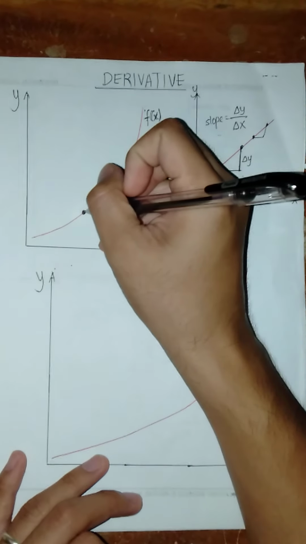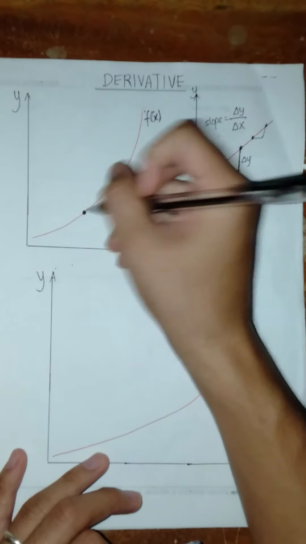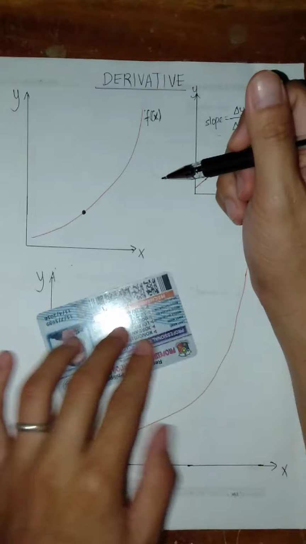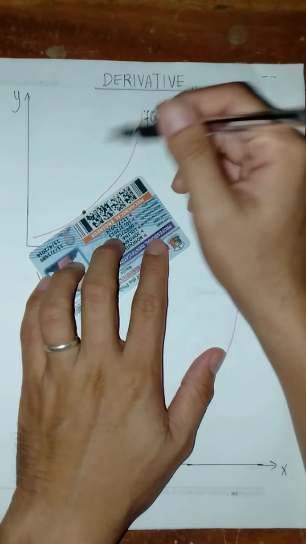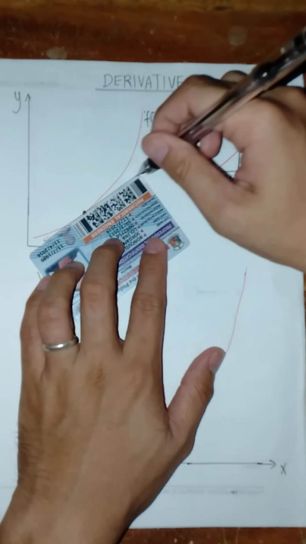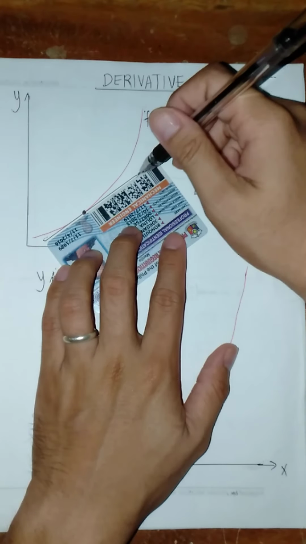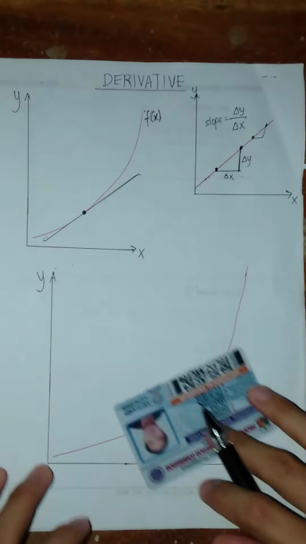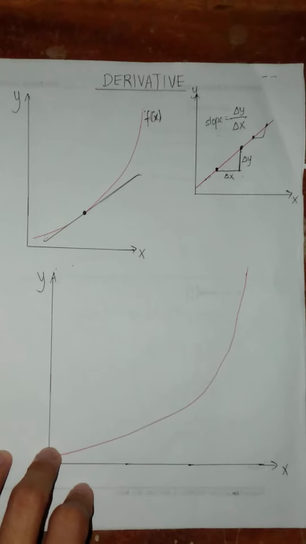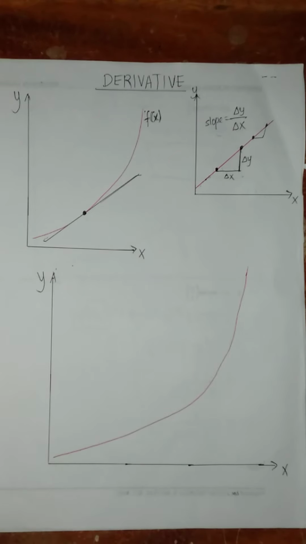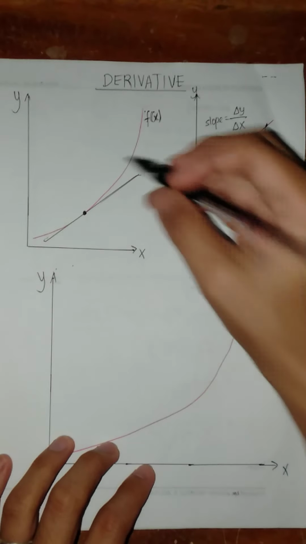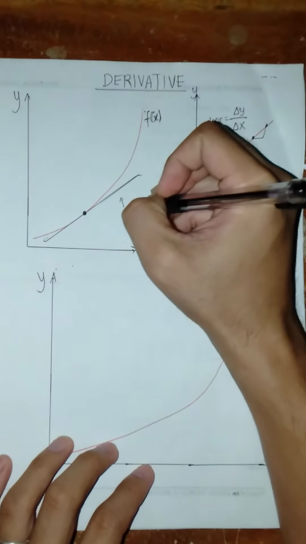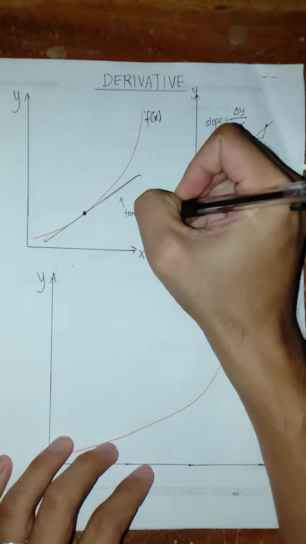Sabi niya, I can find the slope at this specific point if I can pass a tangent line. So, review lang ulit guys ha. Let's say ito yung tangent line mo. And how do you define a tangent line? A tangent line is a line that passes to your curve at only one point. Diba? Ito tangent line to. Okay?